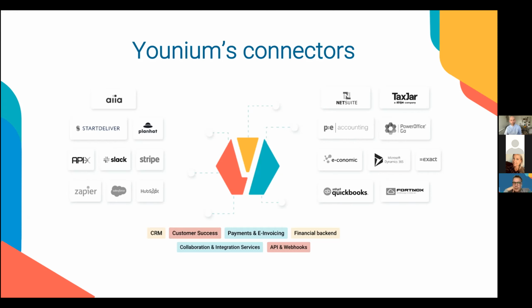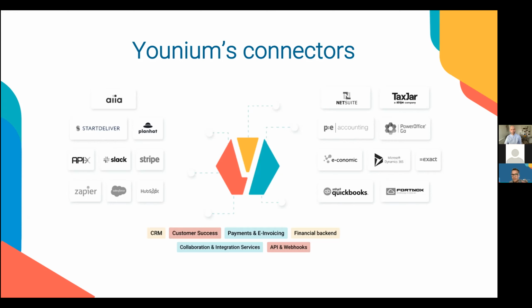But you actually don't really need an integration either, because you can run your accounts receivable in Younium, in which you will get all the booking metrics, subscription metrics, and when you do the invoicing and payment collection and revenue recognition, you get these journals from Younium that you can export to your general ledger in your ERP system for reconciliation, right? So Younium is not a financial system, but it is an accounts receivable system. So you can do that, for example.